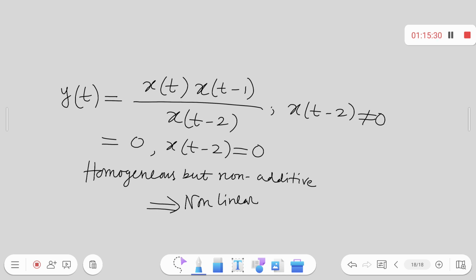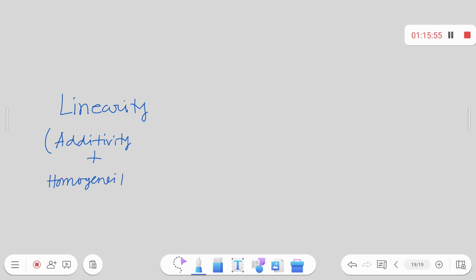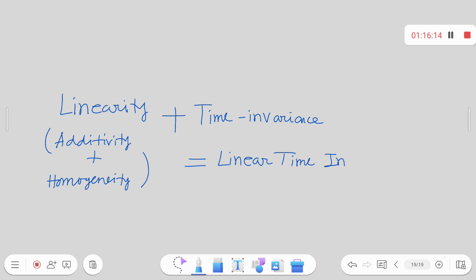If I add these two properties together, linearity, that means within linearity these two properties are already embedded, additivity plus homogeneity, plus you add the time invariance property, these two together will give you the linear time invariance property.